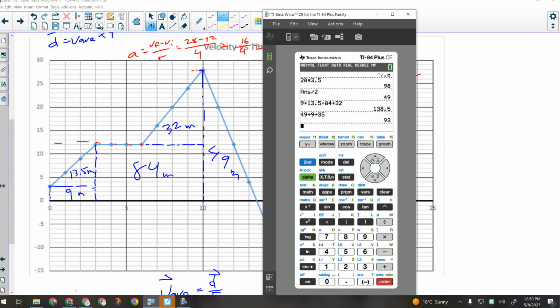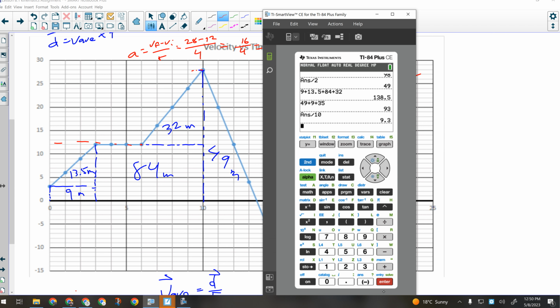So 93 meters, that takes place over how many seconds? Between 10 and 20 is how many seconds? 10, yeah. So we divide that by 10, we get 9.3 meters per second as our average speed during that time. So that part of it is the same as the word problems, right? We have to remember, speed is total distance over total time. I've already done the work to get it, I just have to put them together.